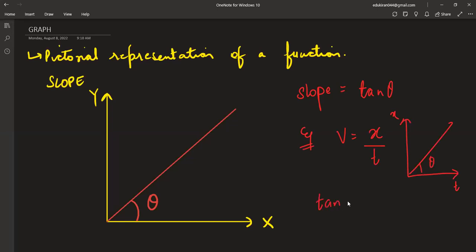Tan theta will be the velocity from this graph. This is how we calculate graphs. Graphs are basically a pictorial representation of a function. This graph is known as a straight line graph. Straight line graph means y is directly proportional to x with the power 1.